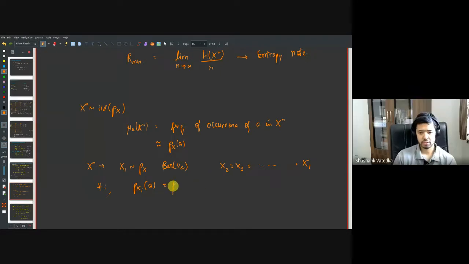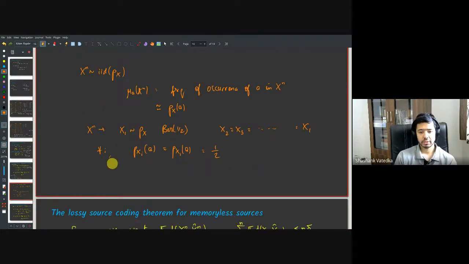Sure, half or whatever. It's going to be Px1 of A, right? Or in this particular example, if you assume that this is Bernoulli half, it is going to be equal to half, right? But then if you count the number of ones or the number of zeros, what would this be equal to? What would be the frequency?